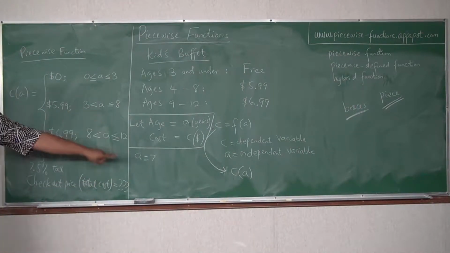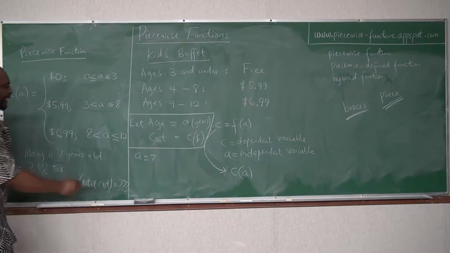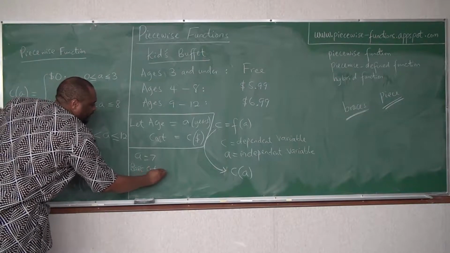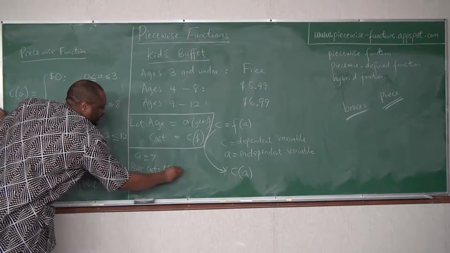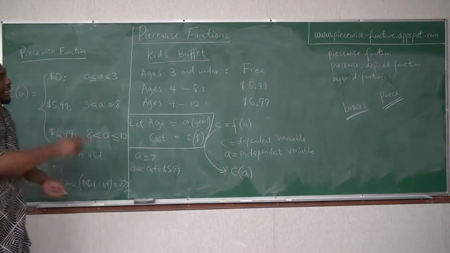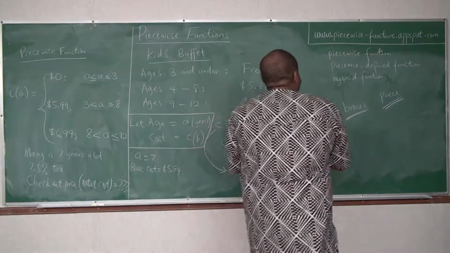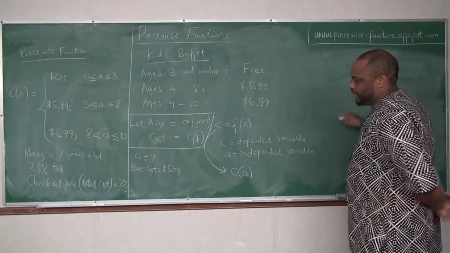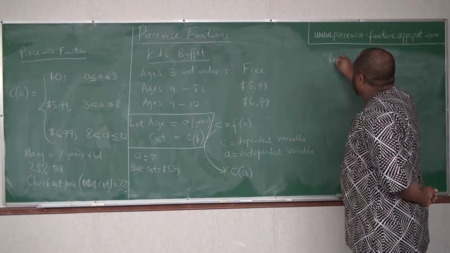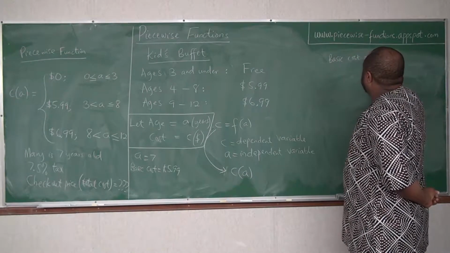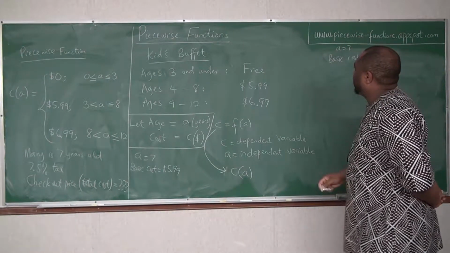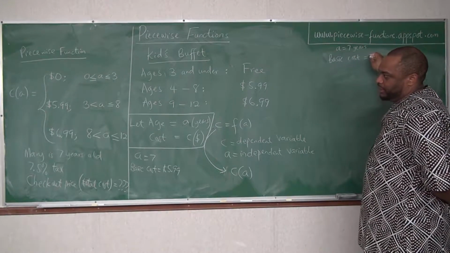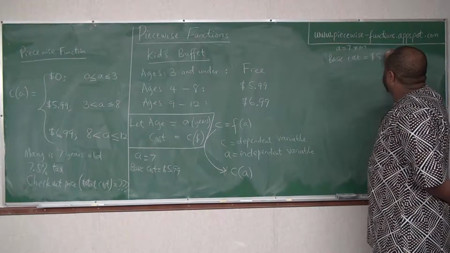So 7 is in this domain, so the basic cost of the meal is $5.99. Right? Let's do it right here. In this case, the basic cost of the meal for 7 years, A is 7 years, is $5.99.